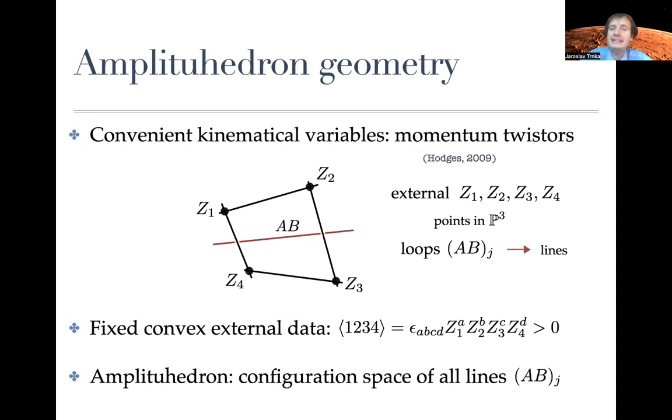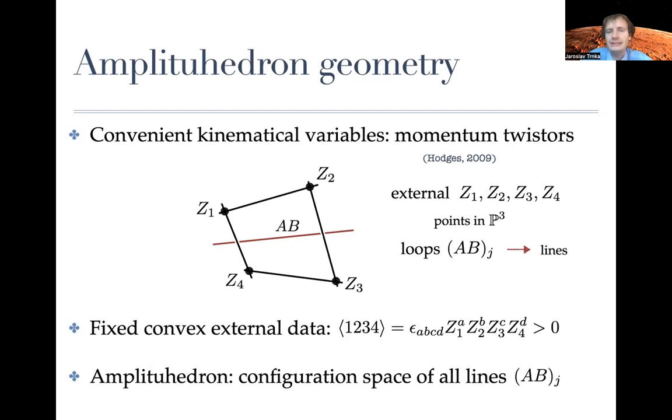The starting point is setting the kinematical variables. We use convenient kinematical variables, the momentum twistors. For 4 points, we have 4 external momentum twistors, Z1, Z2, Z3, Z4. These are points in P3. You can think of them as 4 vectors, but they live in projective space.